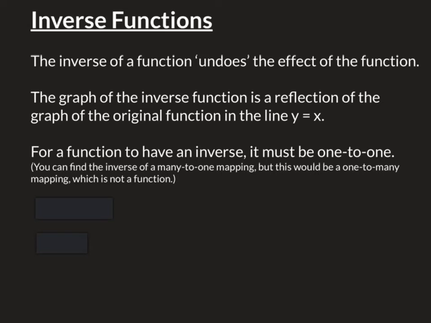This middle section kind of helps us, because if I've got some sort of function, like a parabola, and say I was to reflect that in the line y equals x, I should get something like that.